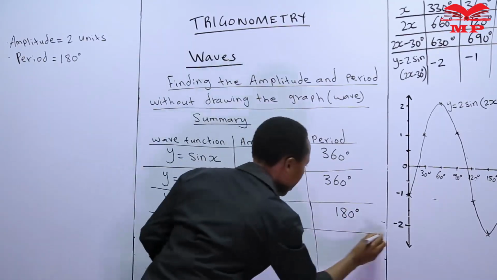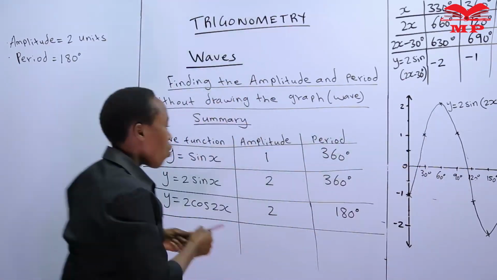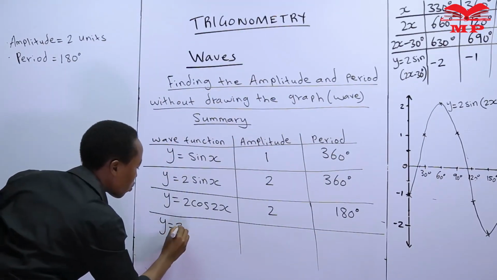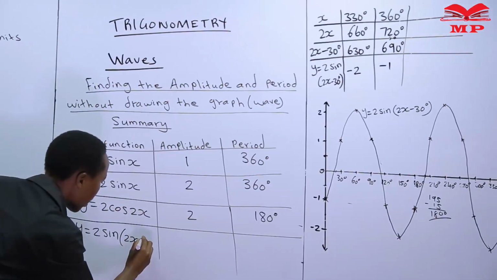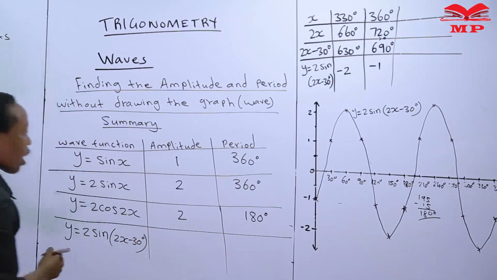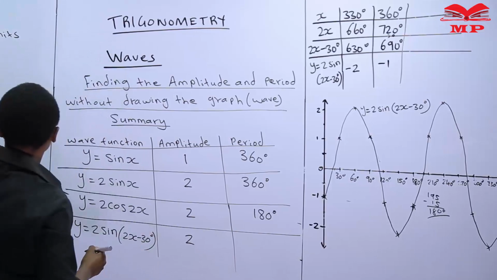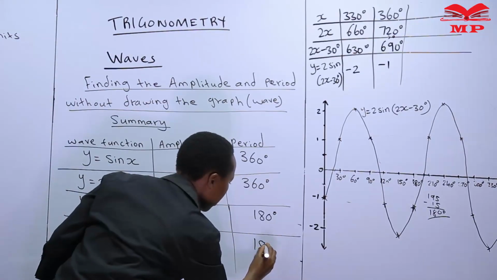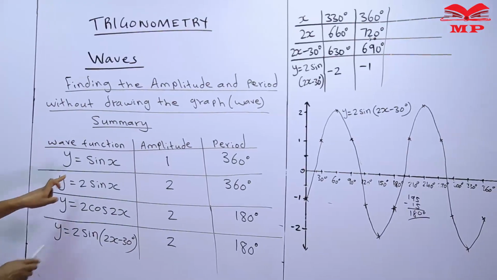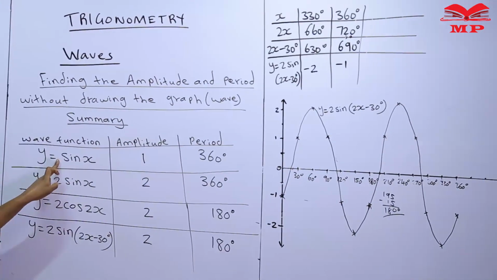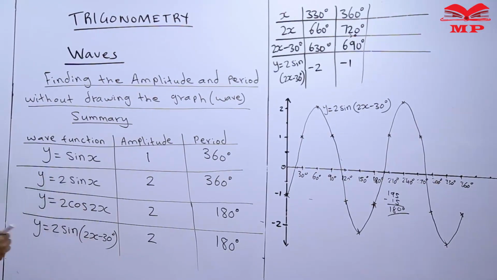We also plotted this curve whereby y is equal to 2 sine 2x minus 30 degrees, and we've gotten that our amplitude is 2 units and then the period is 180 degrees.